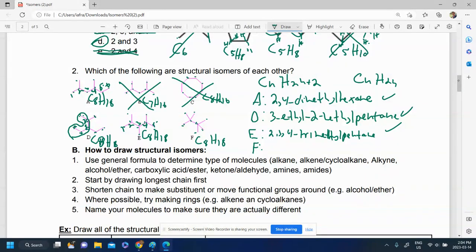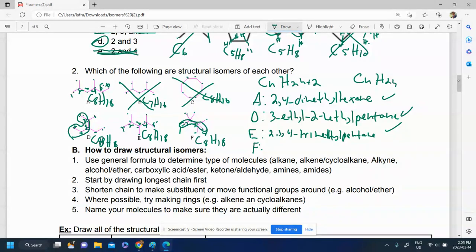So 1, 2, 3, 4. That's our longest chain. 1, 2, 3, 4. Yep, that's right. So it doesn't really matter which way we go. So this could be 1, 2, 3, 4.